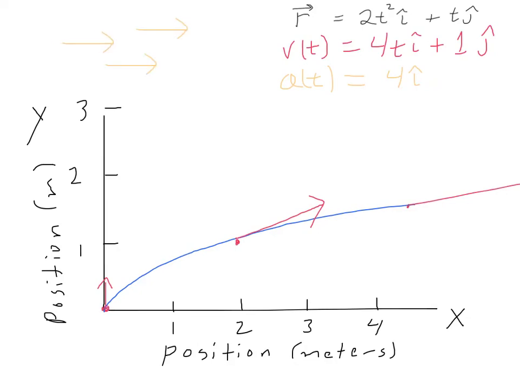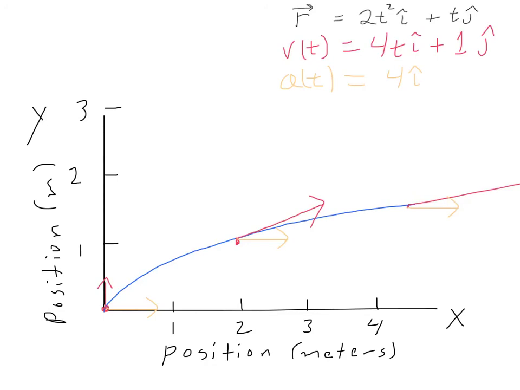So all 3 of those acceleration vectors are the same, and they just point to the right all the time, and so that's the direction of acceleration for this 2-dimensional motion equation. It's always accelerating along the x-axis, and it's moving with constant velocity on the y-axis.